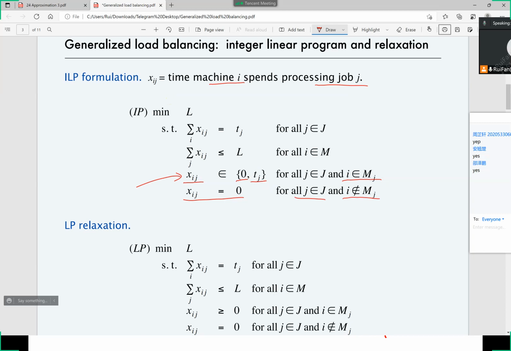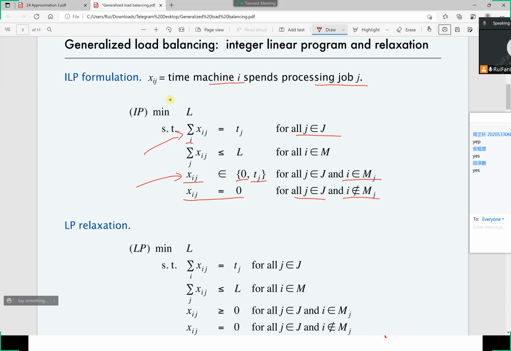And also we need to make sure that every job is processed by some machine. The way that you express that is that for each job j, we're going to look through all of these machines i. If you look at all of these machines and how much time they spend processing job j, the sum of all of these times has to add up to the length of j.